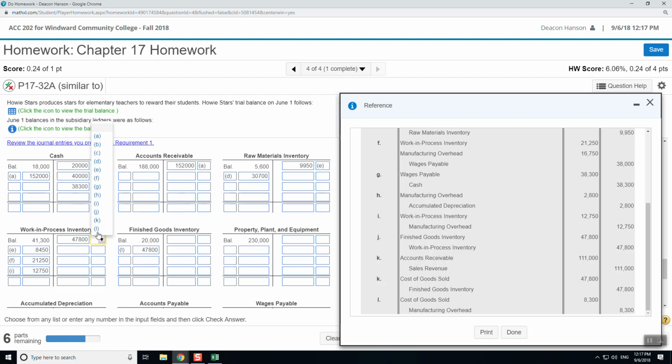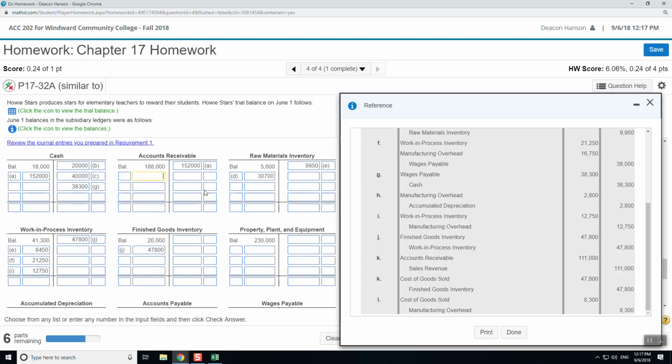See, I put L here. That's really J, right? Okay. The J and the L look so similar, especially when you wear glasses, right? Okay. K, accounts receivable, that's when we sold it, right?